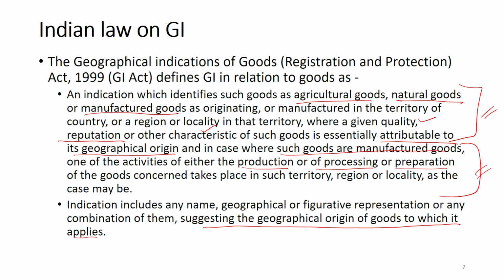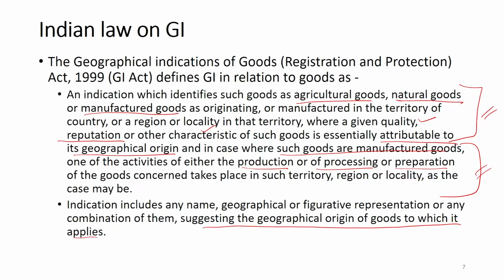Whether you use a geographical name or you use some other name which may not be a geographical name, the fact is it must link to a particular geographical region, a particular territory. Even if I use basmati, I know where it is grown. Even if I use pashmina, I know where it is manufactured. So, this is the definition of geographical indication according to your act.